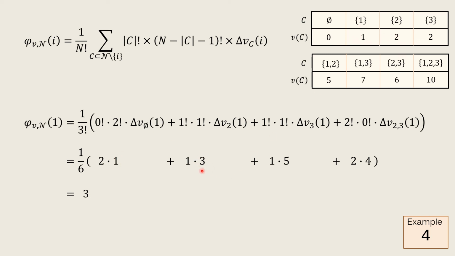This 3 here is 5 minus 2, and this 5 here is 7 minus 2, and this 4 here is 10 minus 6. Likewise, the Shapley value of agent 2 is 3, and the Shapley value of agent 3 is 4.